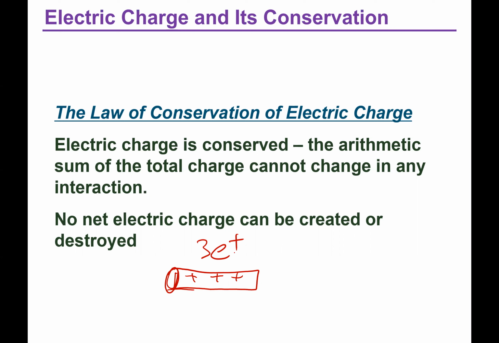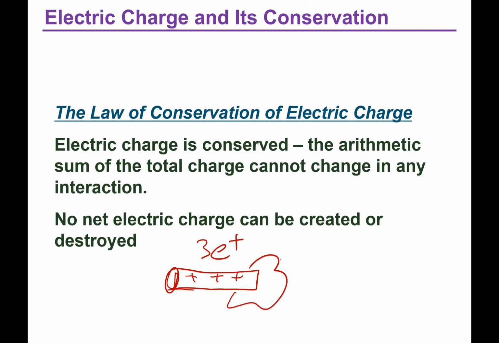Then, for example, I use a silk. Remember, the silk right now is neutral. From now on, whenever I put positive or negative, I'm representing the extra charge that it has. So let's say the silk is neutral.